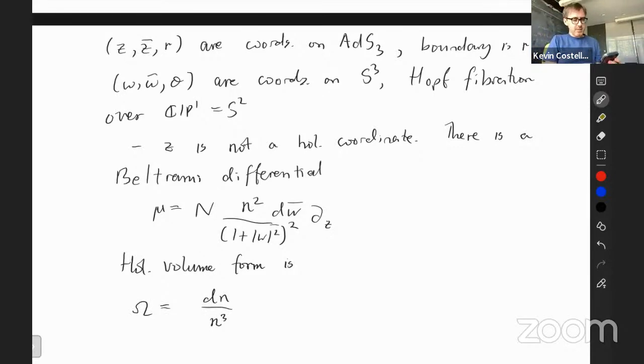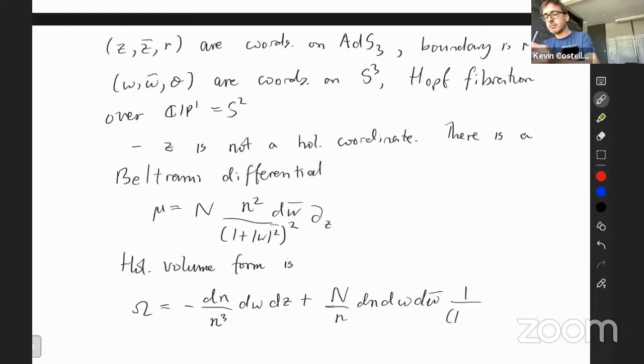Let me just look at my notes. Calculated in these coordinates, it looks like this.